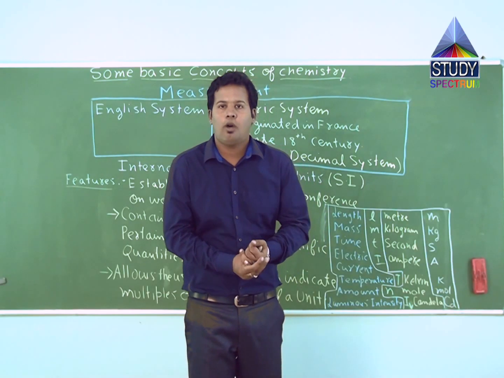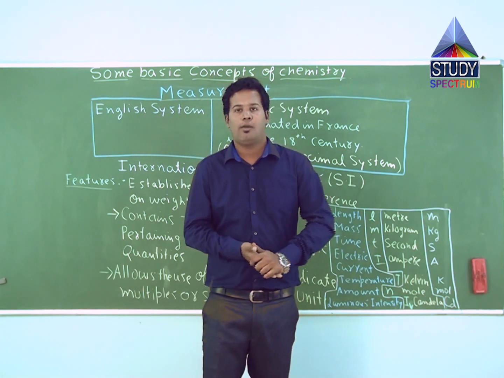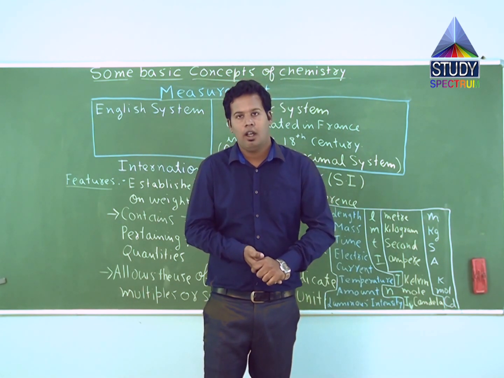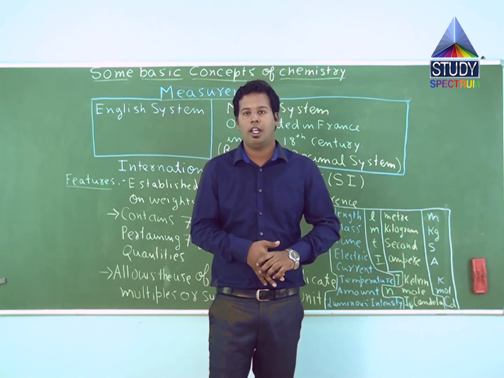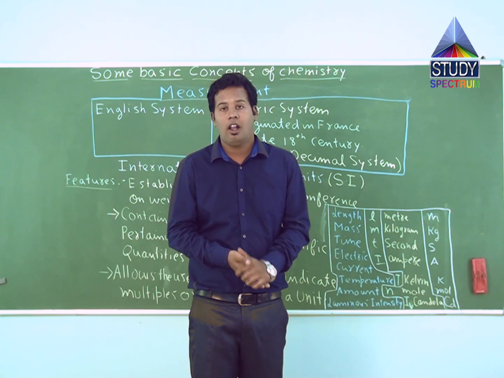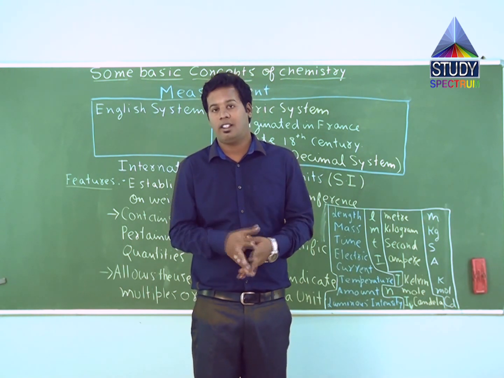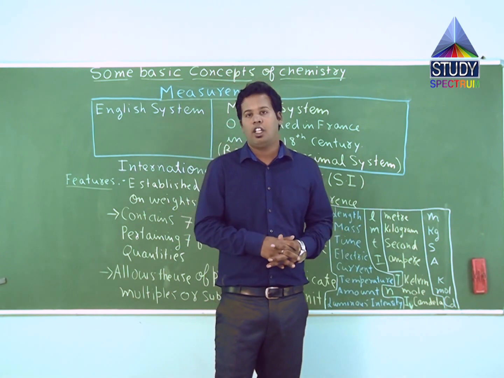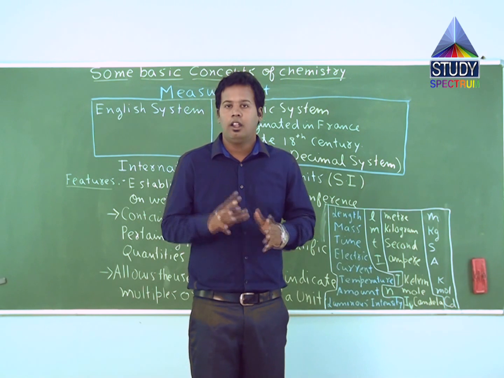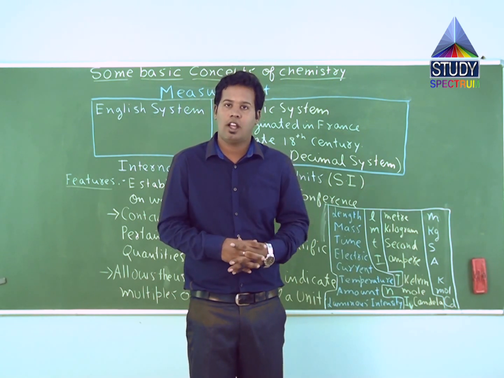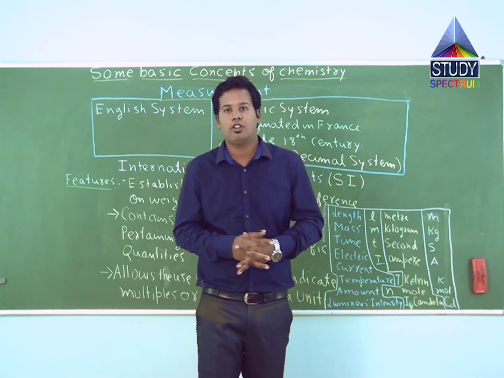So when we talk about the properties of matter, we have just seen physical properties and chemical properties. Physical properties are the properties where we talk about shape, size, state, color, odor, melting point, boiling point and density, etc. In physical properties, a chemical change is not required and the substance does not lose its identity, whereas chemical properties require a chemical change to occur.